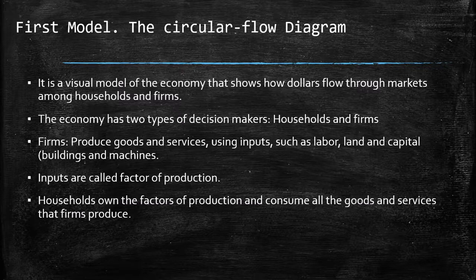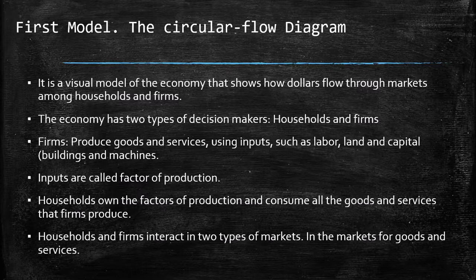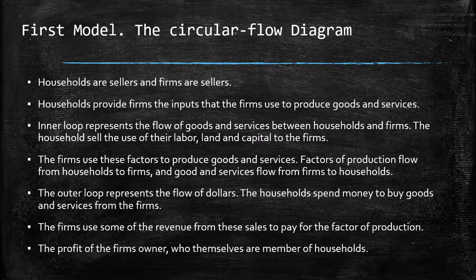But as we said before, we are simplifying, and we say that households are the owners of all the factors of production, and at the same time they consume all the goods and services that firms produce. Households and firms interact in two different markets: the market for goods and services, and the market for the factors of production.